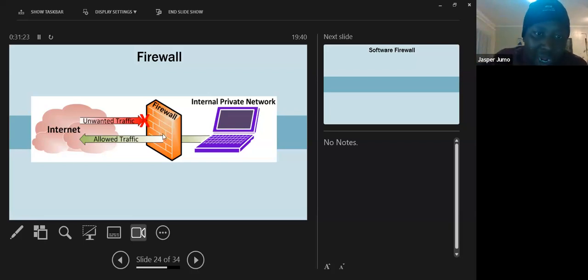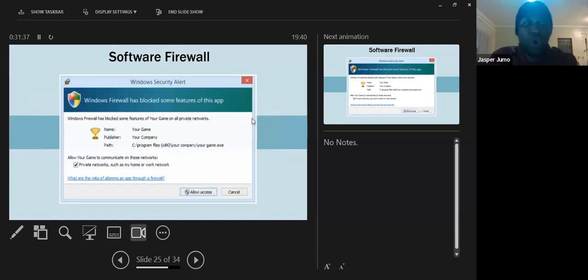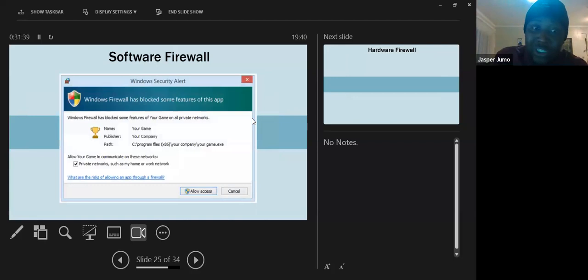That's the reason why it's called a firewall. It can allow traffic through, or it can stop traffic from coming in or going out. So that's what it is used for. There are also software firewalls. I think some of you, when using your Windows laptop, have seen this thing pop up sometimes.